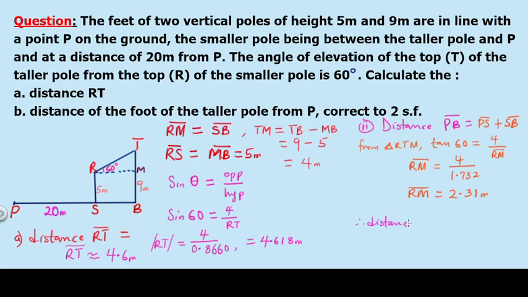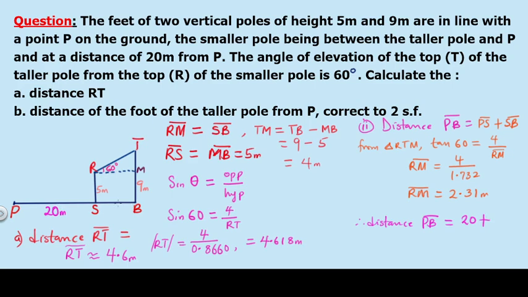Since that is clear, we can say the distance PB, which is the distance of the foot of the taller pole from P, equals PS, which is 20 meters, plus RM, which is equivalent to SB.